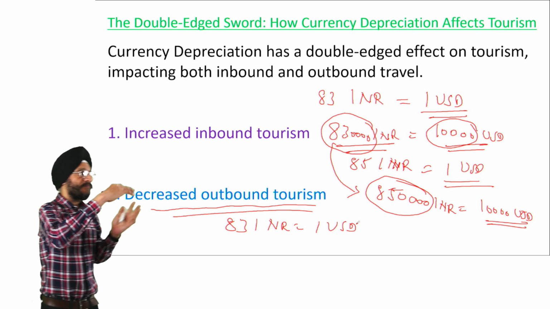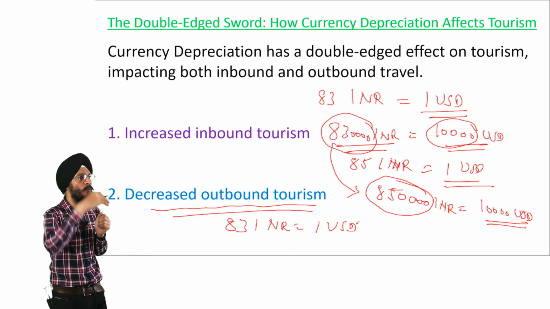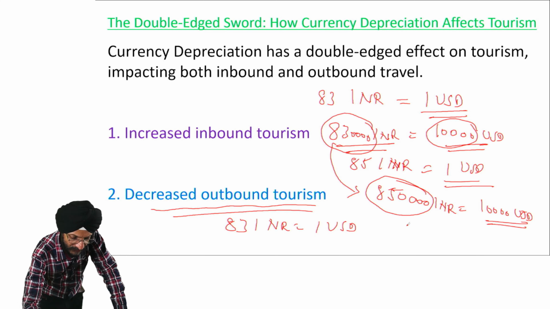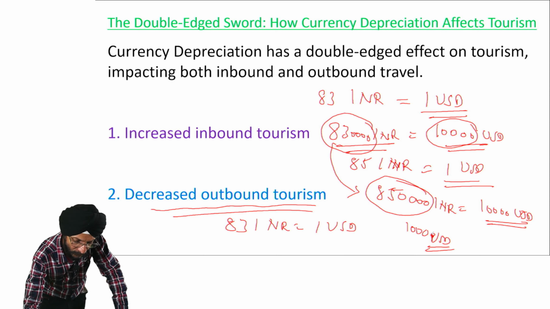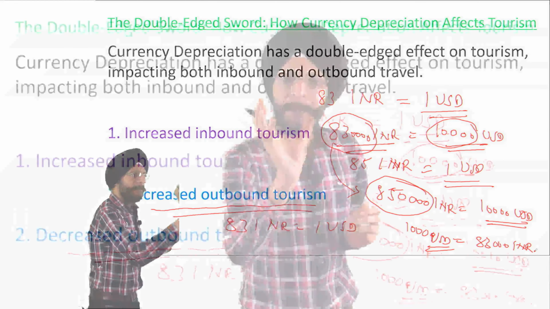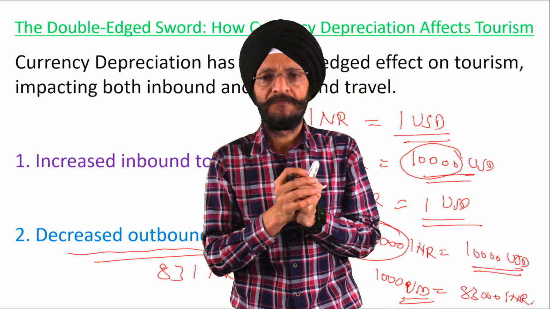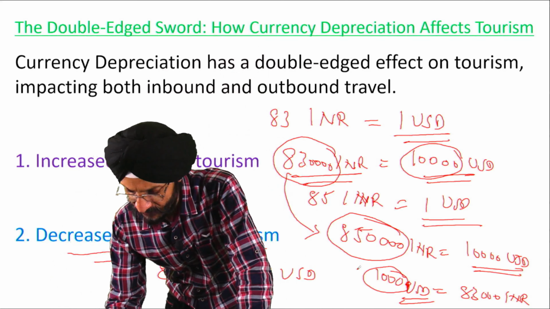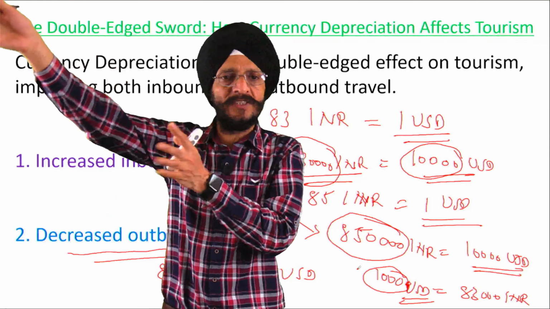Now, if a person in India decides to go abroad, suppose they decide to spend 1000 US dollars abroad, for which they will have to pay 83,000 rupees. In other words, the person has made a budget of 83,000, and in return, when he goes abroad to the US, he will get 1000 US dollars. So he will be spending 1000 US dollars abroad.